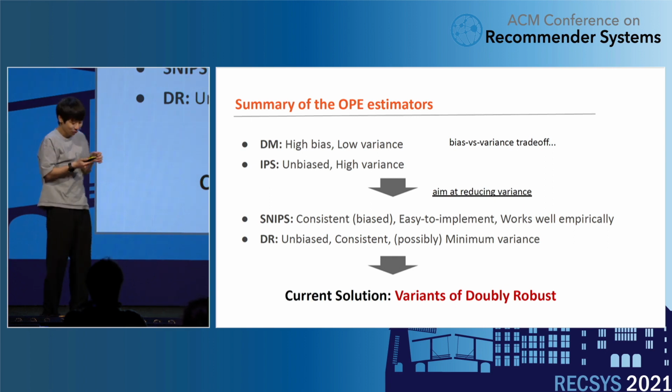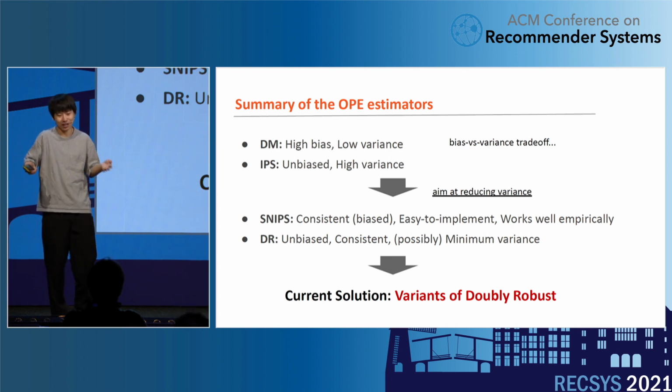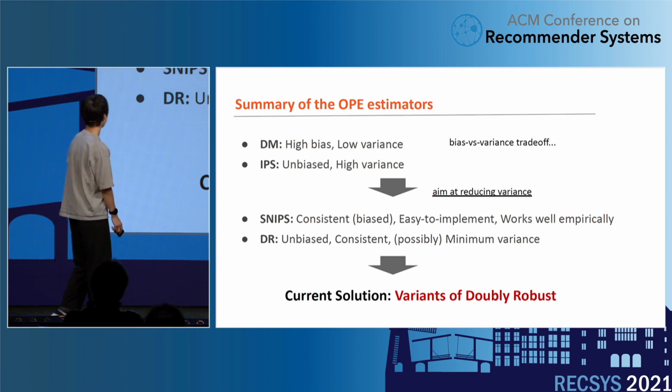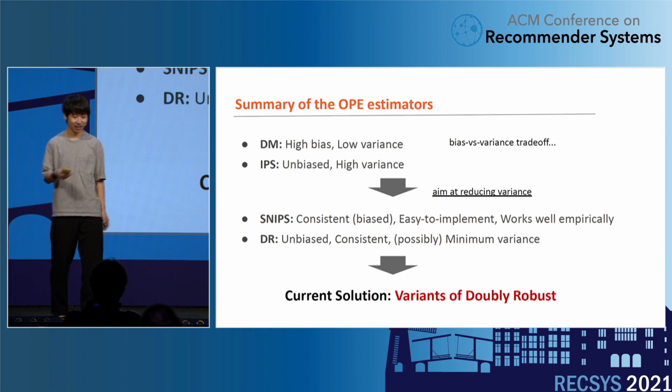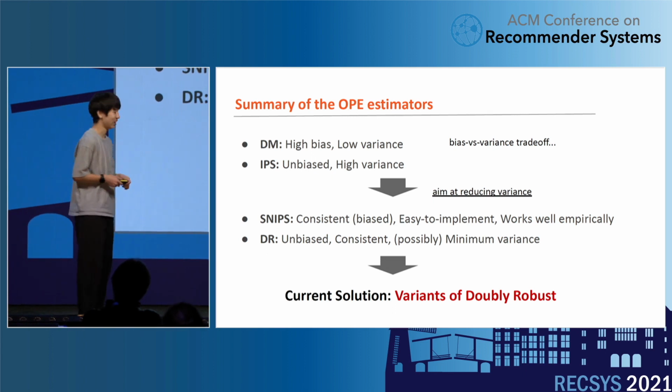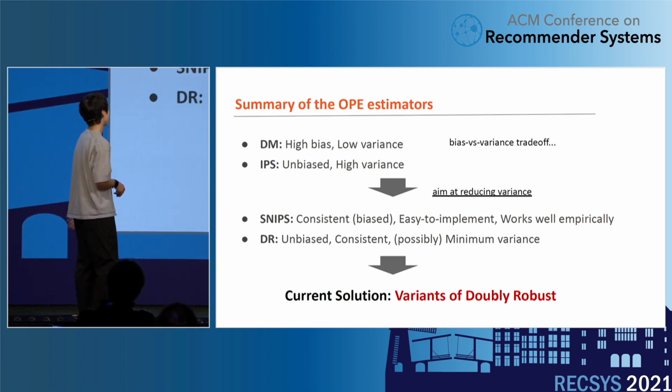Right after that, we came up with the hybrids, and then we found the optimal hybrid combination, the doubly robust. So why not now consider a modification to the vanilla doubly robust? I think it's a very natural direction considered by recent researchers.